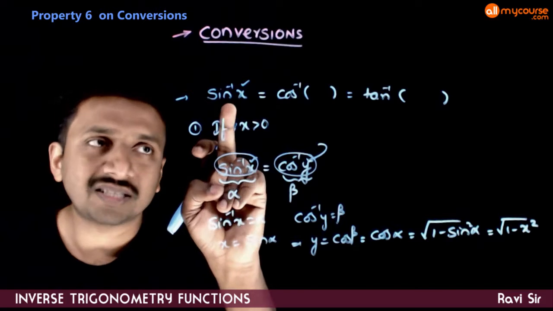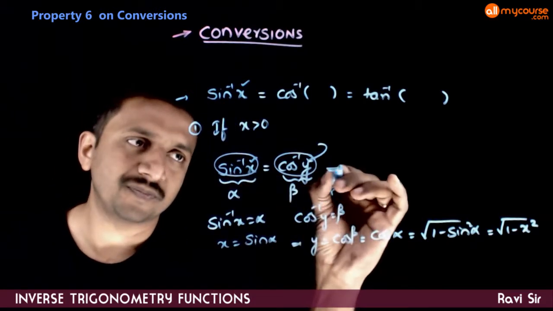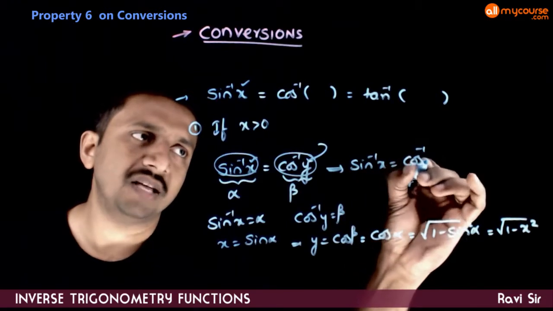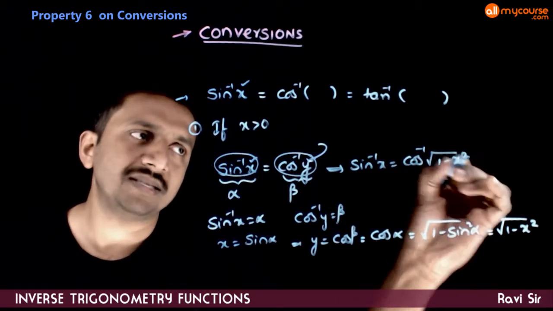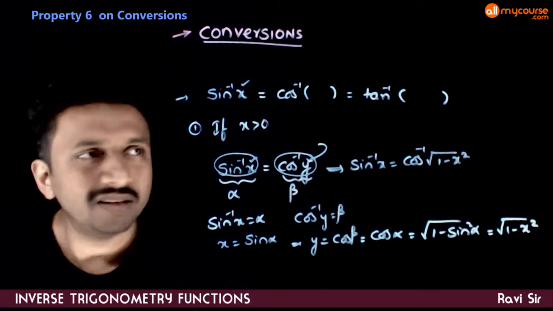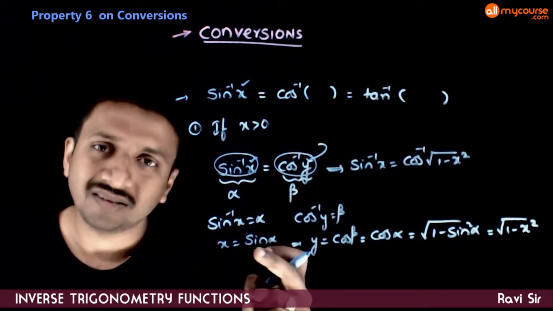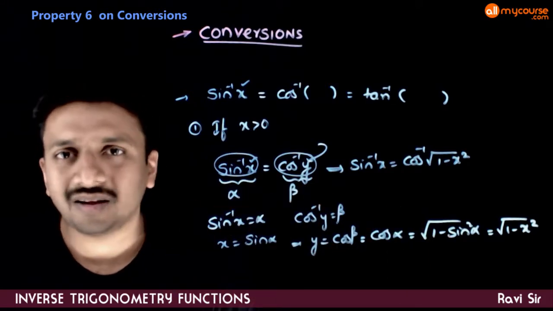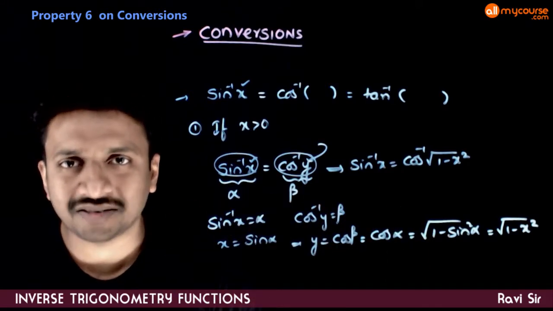That means sine inverse x can be written as cos inverse of root of 1 minus x square. Similarly, you can convert sine inverse into tan inverse using appropriate identities.